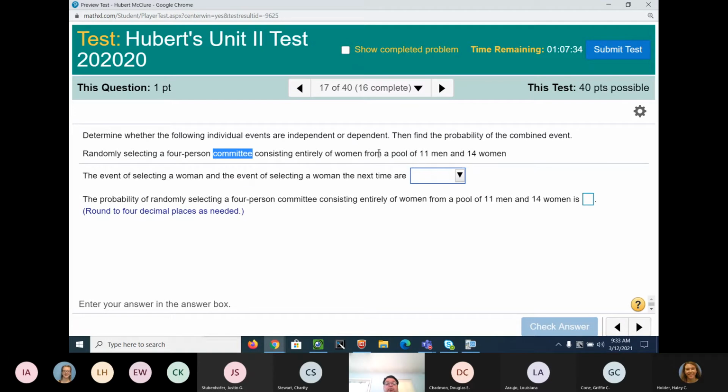All right. So when you're picking bodies, can you go back and redo? No. So is this with or without replacement? Without. Okay. The probability of randomly selecting a 4-person committee consists of 11 women.